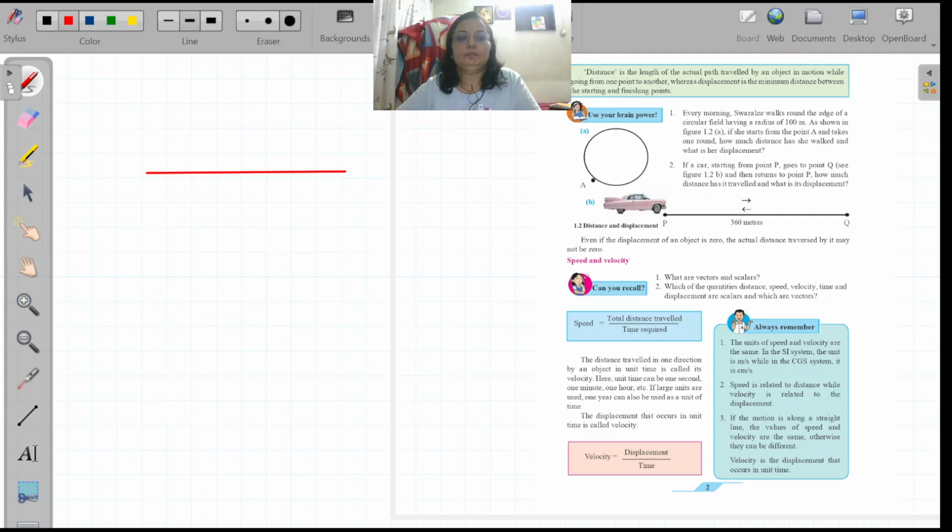Suppose this is point P and this is point Q. The distance between point P and point Q is 360 meters. A car starts from P, goes to Q and comes back to P. So what is the distance travelled by the car? 360 plus 360 meters, which is equal to 720 meters.